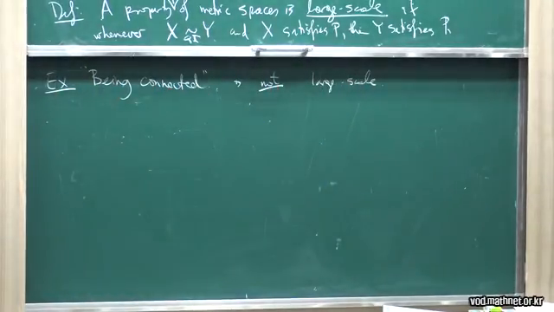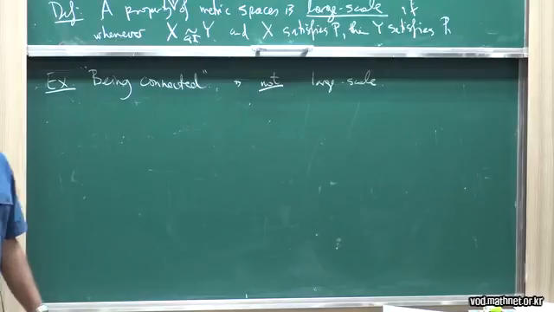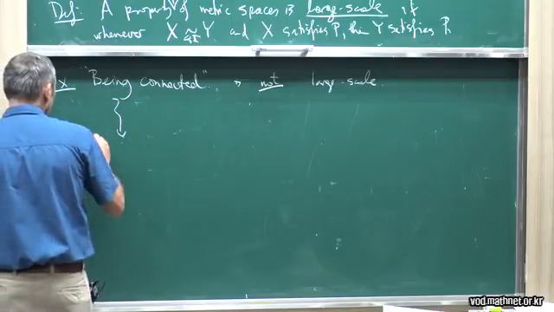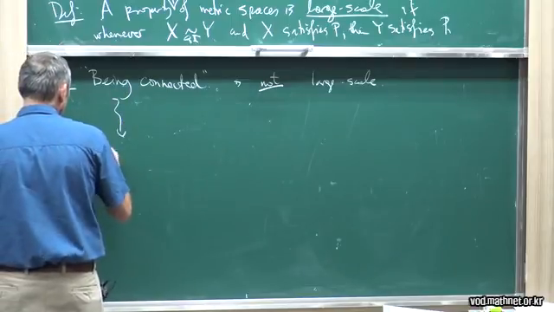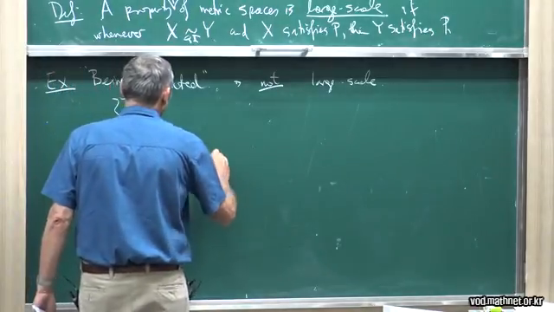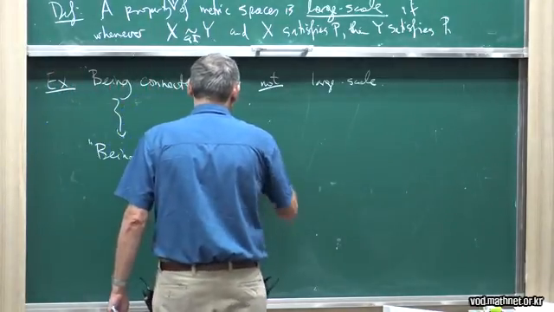So usually this is the philosophy, that you take some usual property of topological spaces and then you make it a large-scale invariant. And in this case, you can promote being connected to being coarsely connected, and that is a large-scale invariant.